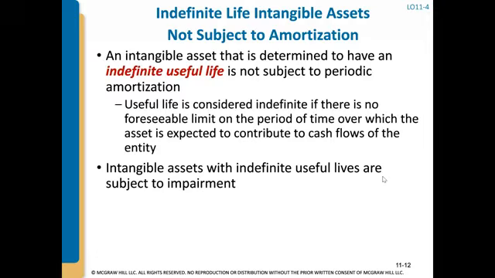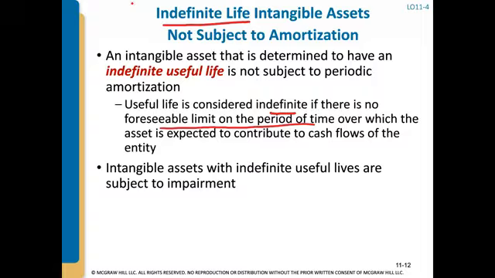I mentioned earlier in the video that intangible assets fall into 2 categories, one that has a definite life and the second one here is indefinite life. An indefinite life is when an intangible asset's useful life is considered to be indefinite because there is no foreseeable limit on the period of time over which the asset is expected to contribute to cash flows of the entity.